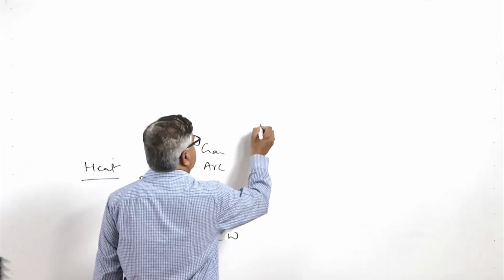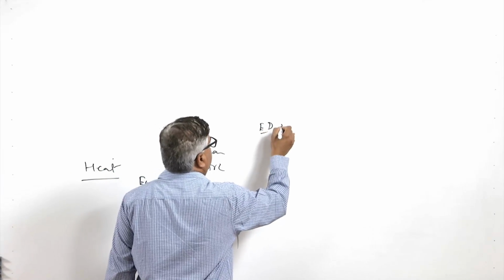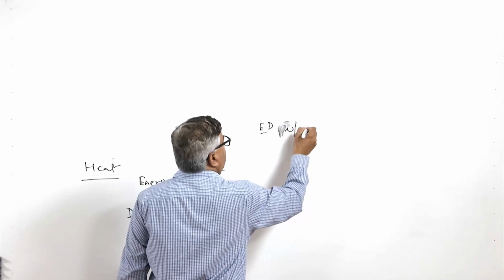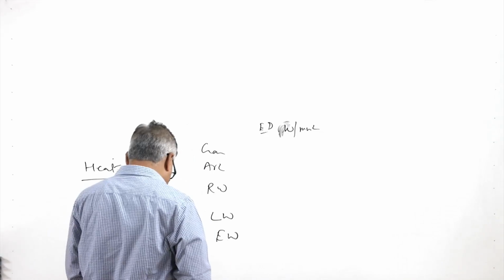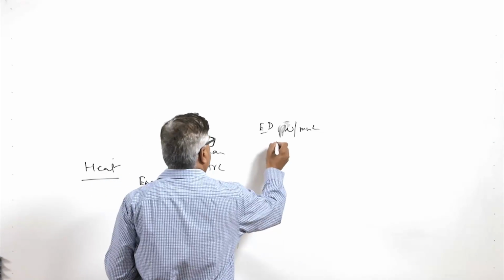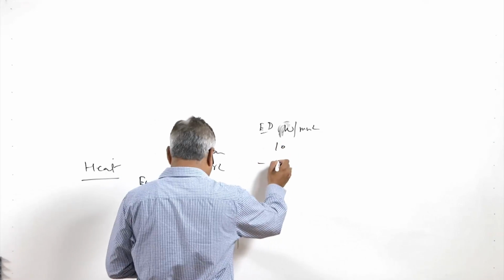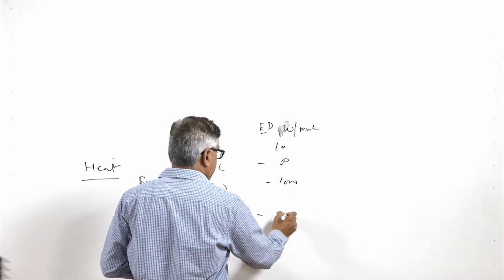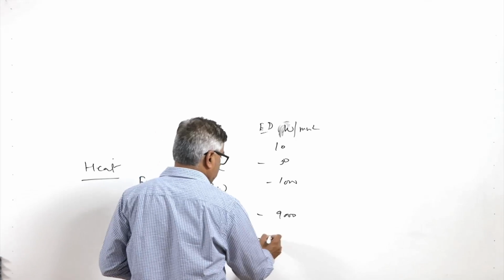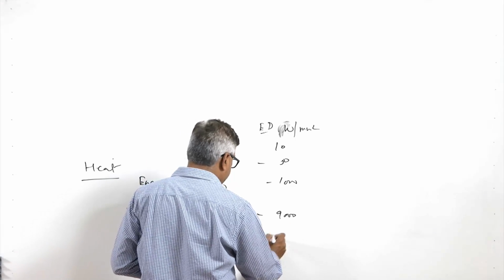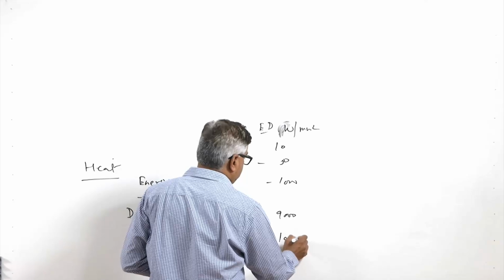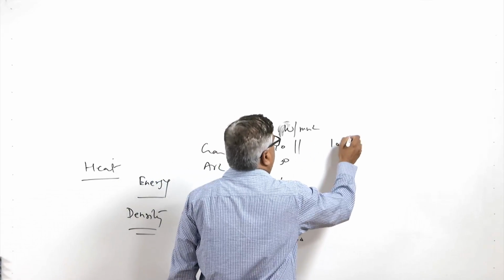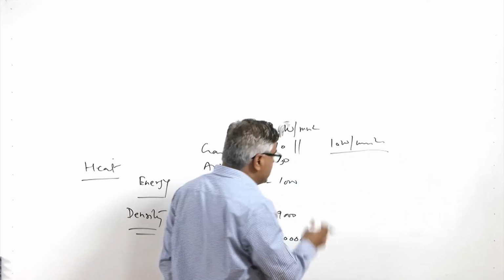If we measure energy density in terms of joules per second per mm square, then for gas welding it comes out to be 10, for arc welding it is 50, for resistance welding it is 1000, for laser welding it is 9,000 to 10,000, and for electron beam welding it is 10,000. For facilitating the fusion, a minimum of 10 watt per mm square energy density is needed.